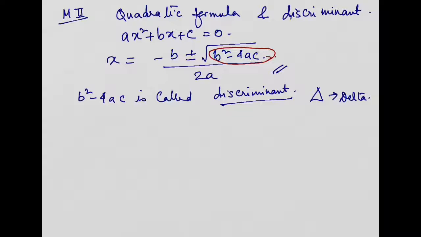So when this delta, the discriminant, is greater than 0, what will happen?